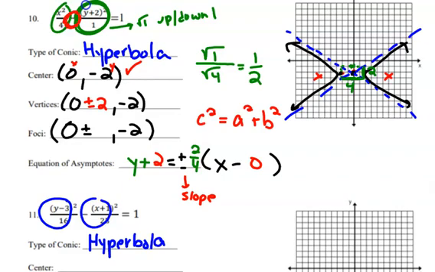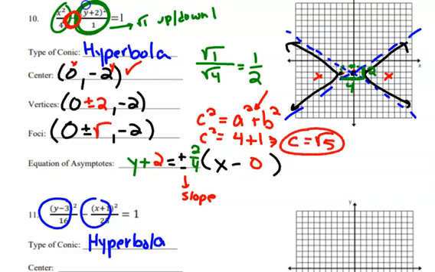Let me clarify that. If this is minus, this is plus. So for the hyperbola, it's plus. So I'm going to add 4 plus 1, which is square root of 5. So sorry about that. If the hyperbola is minus, then it's a squared plus b squared. With the ellipse, the original equation is plus, and it's a squared minus b squared.